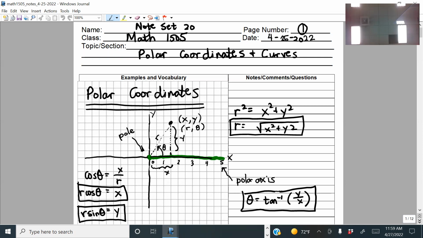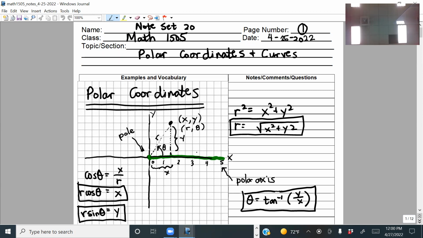So to locate this point, all you have to give is this distance and this angle. Notice you still have two coordinates for your point, but the coordinates in polar coordinates mean something different. The first number is the distance from your point to the pole, and the second number is the angle formed by this line and the polar axis.